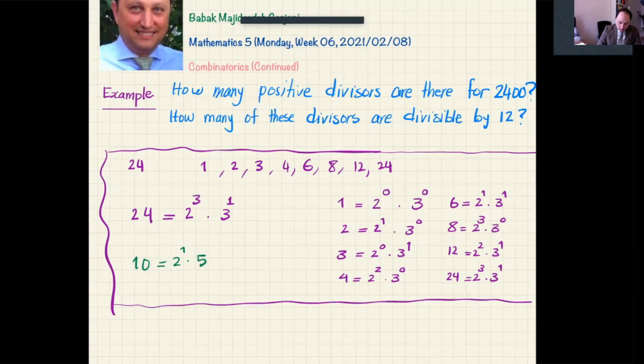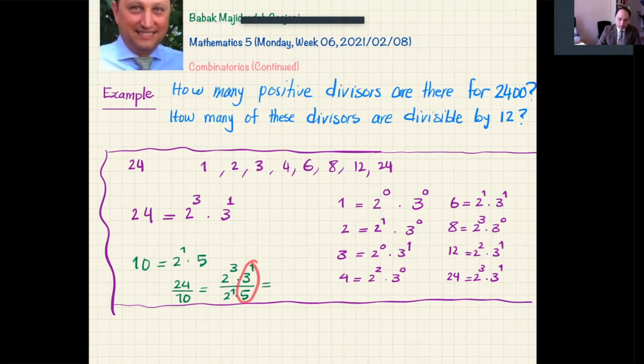It is clear that when I divide 24 by 10, it means that I am dividing 2 to power 3, 3 to power 1 by 2 to power 1 times 5 to power 1. Of course, I have enough powers of 2 so that this becomes 2 to power 2, but the problem is here. 3 over 5 is a fraction, and when there is a fraction left after division, it means that the number on top is not divisible by this number.